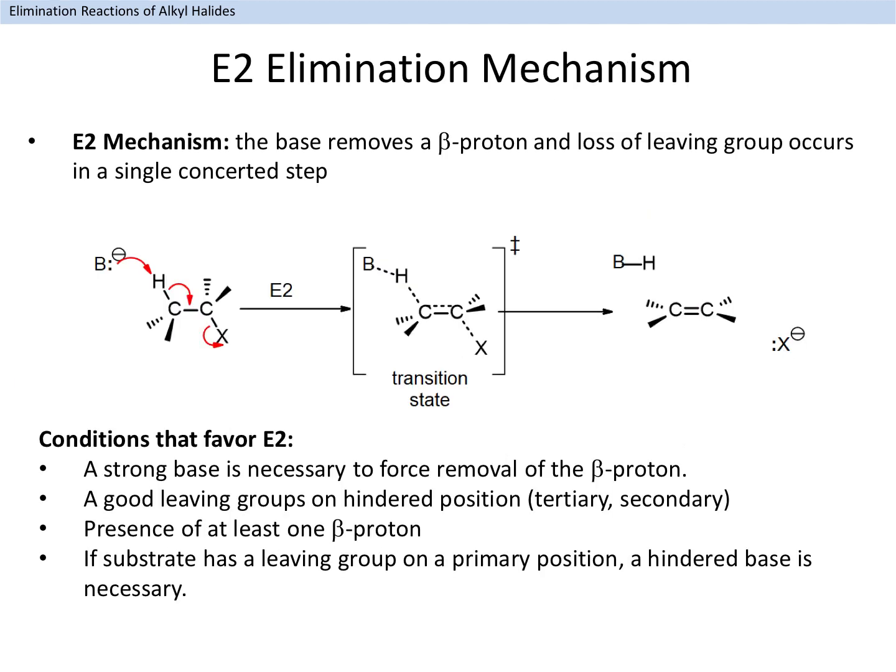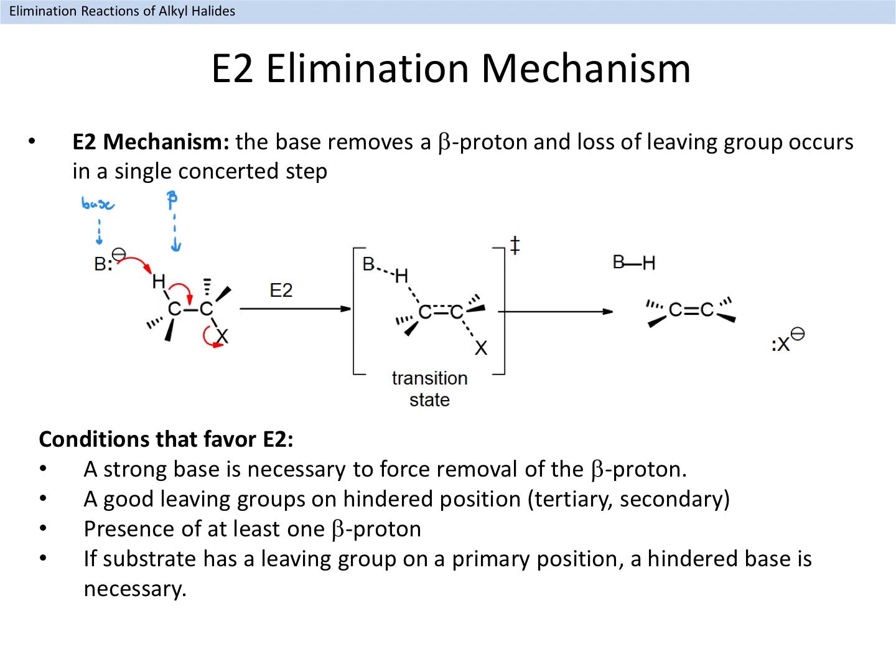Let's start with a detailed explanation of the E2 elimination mechanism, a fundamental concept in organic chemistry. The E2 mechanism, which stands for bimolecular elimination, involves a single concerted step, where all bond-making and breaking occur simultaneously. In this process, a strong base abstracts a hydrogen atom from the beta carbon.